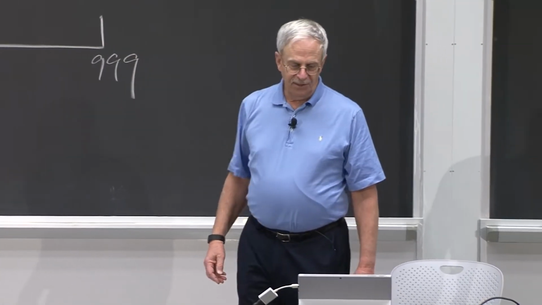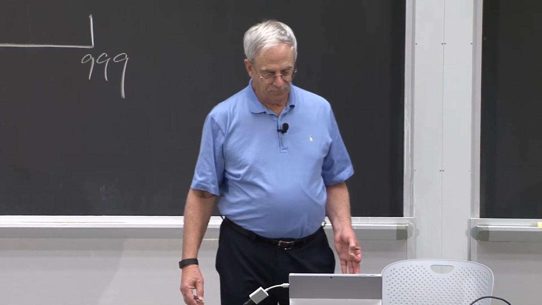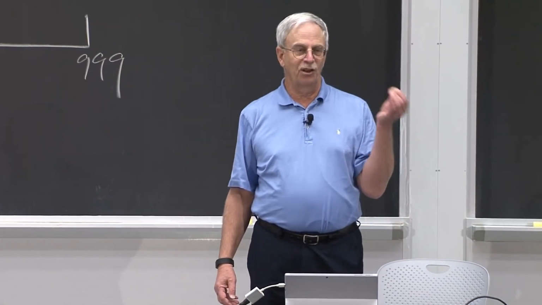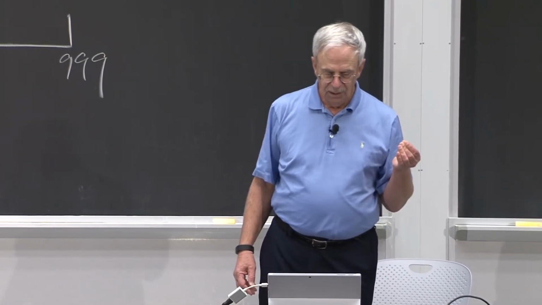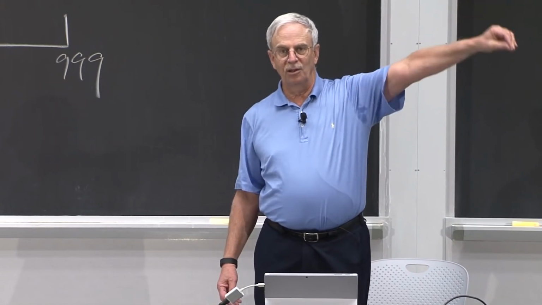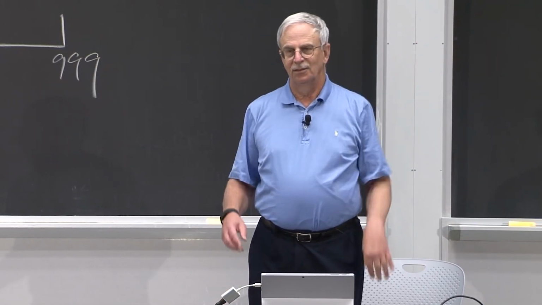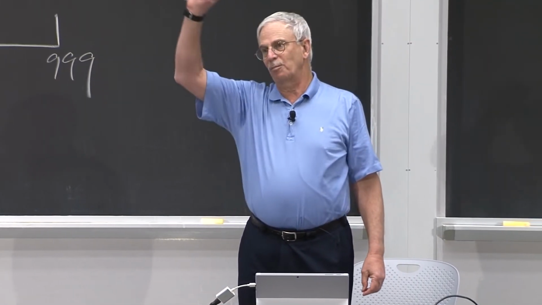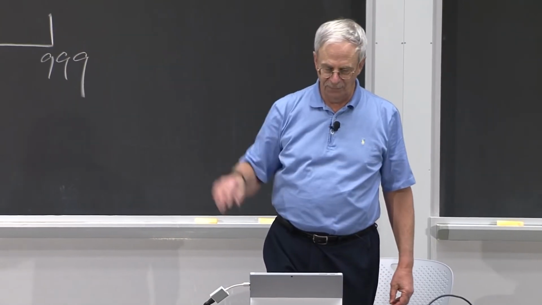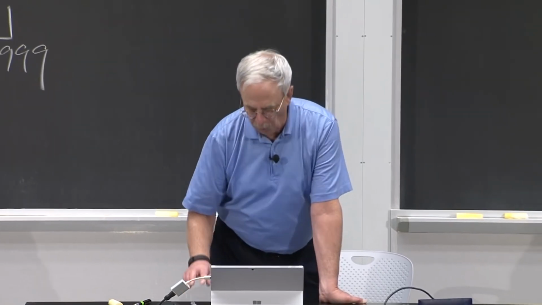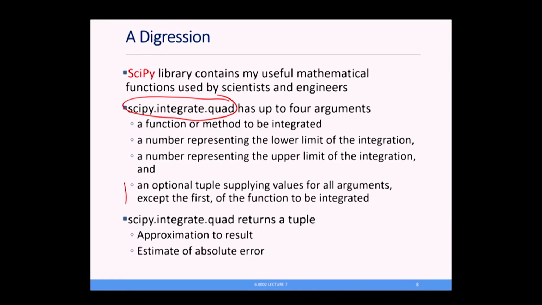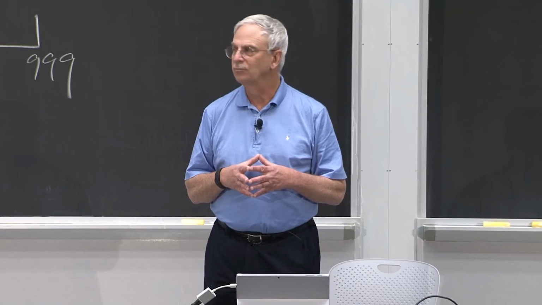All right, you can pass it up to 4 arguments. You must pass it the function to be integrated. That makes sense. A number representing the lower limit of the integration, you need to give it that. A number representing the upper limit, you need to give it that. And then the 4th argument is a tuple supplying all values for the arguments except the first of the function you're integrating.